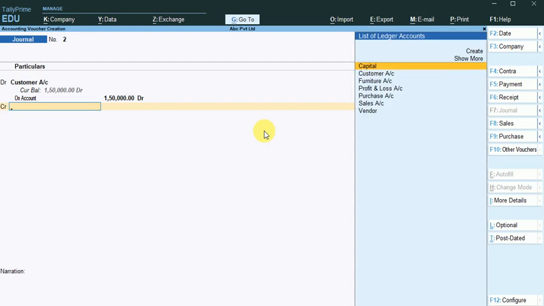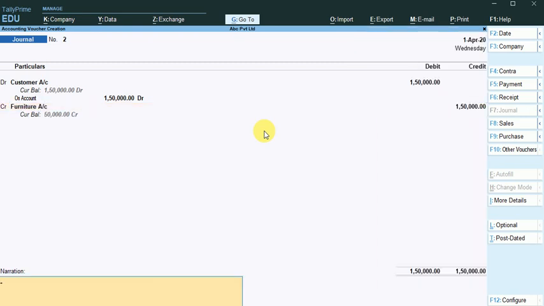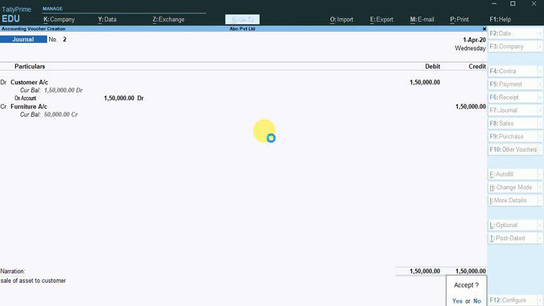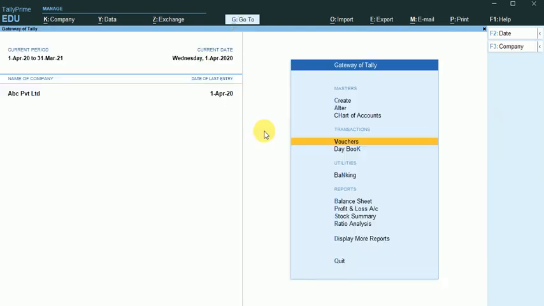The credit is the furniture. Sale of asset to customer. I'm saving the voucher. Now I'm visiting the balance sheet.